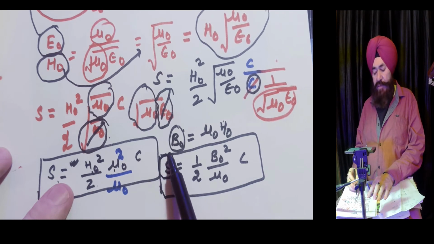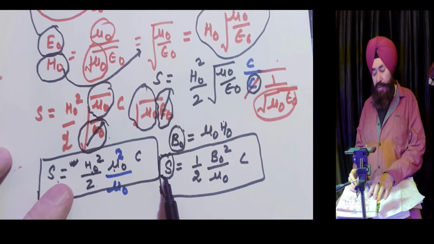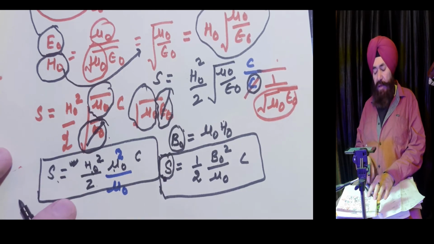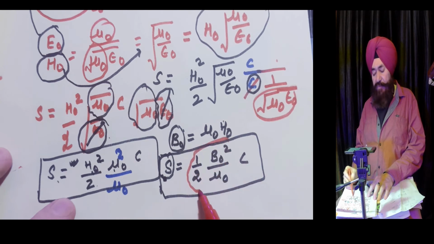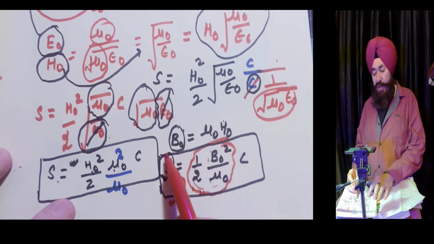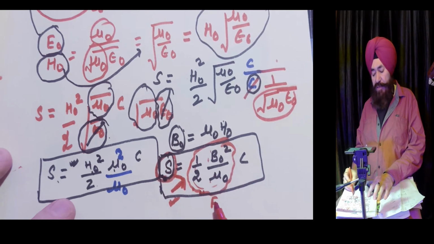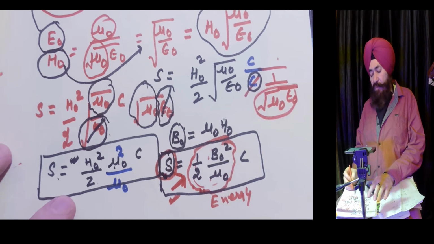The unit of S, energy per unit area per second, and this is energy density, energy per unit volume. So energy of the EM wave we openly define like energy density of the EM wave. Like this is energy per unit volume. This is energy per unit area per second. Like this is energy upon volume.